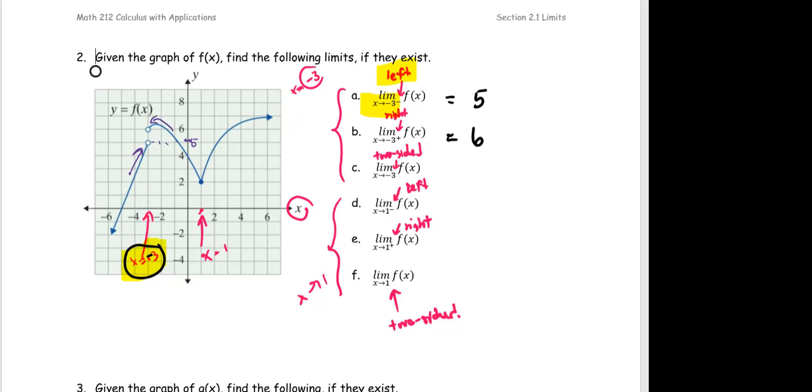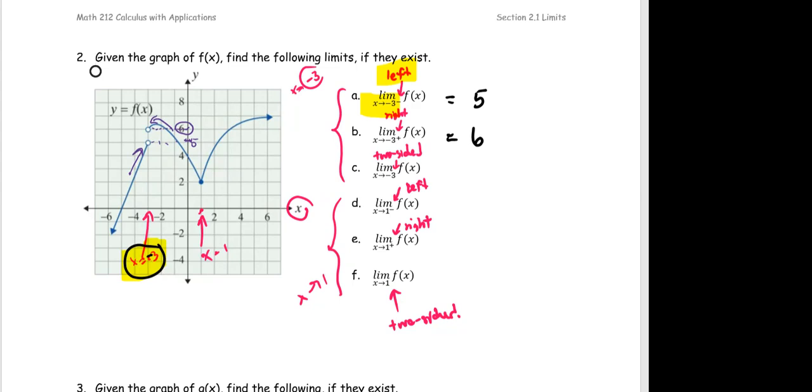The curve approaches the empty dot here. Do not worry about the empty dot. We just look at the value of the function as it approaches the empty dot. For the right-side limit as x approaches -3, it is 6. That's why the answer is 6 for part B.